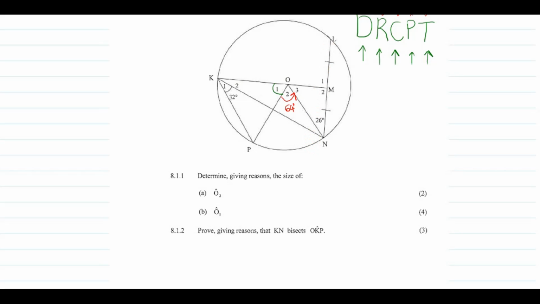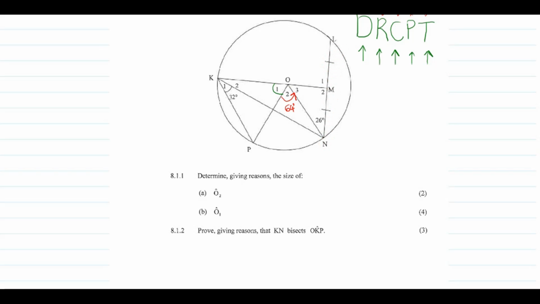I'm going to repeat that: because KOM bisects LN, if you draw a line from the center to the midpoint of a chord, that line is perpendicular to that chord, according to the radius chord theorem.